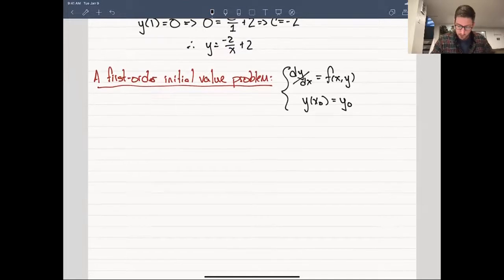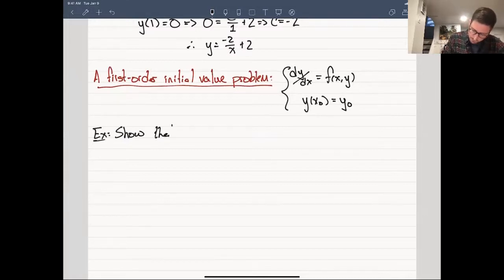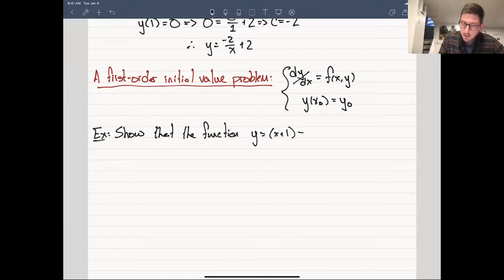So for example, again, without solving these things, I can ask you questions like, show that the function y is equal to x plus 1 minus 1/3 e to the x is a solution to the IVP, initial value problem.